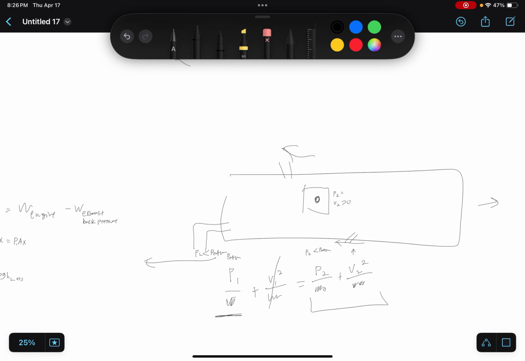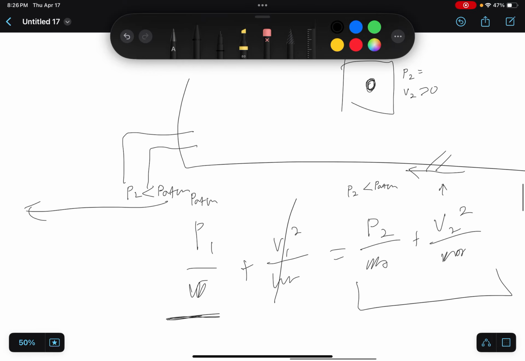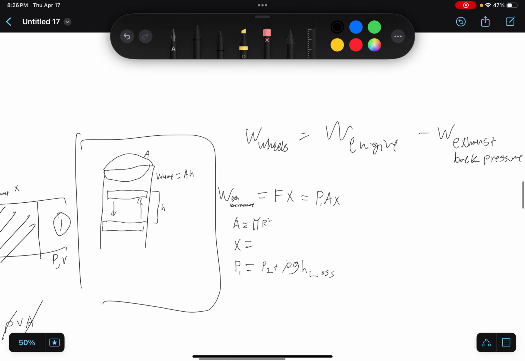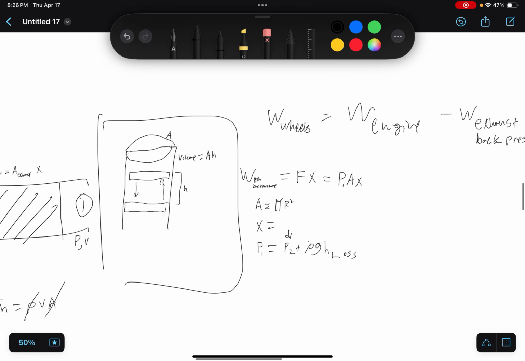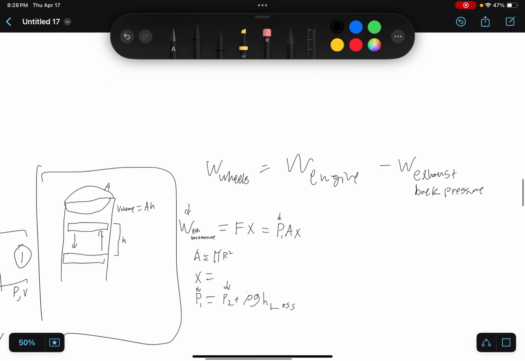So there's cars out there, like stock cars, that take advantage of this principle. And again, if P2 decreases, P1 decreases, which decreases exhaust back pressure, which means more of your power goes to the wheels, which is great. That's exactly what you want.